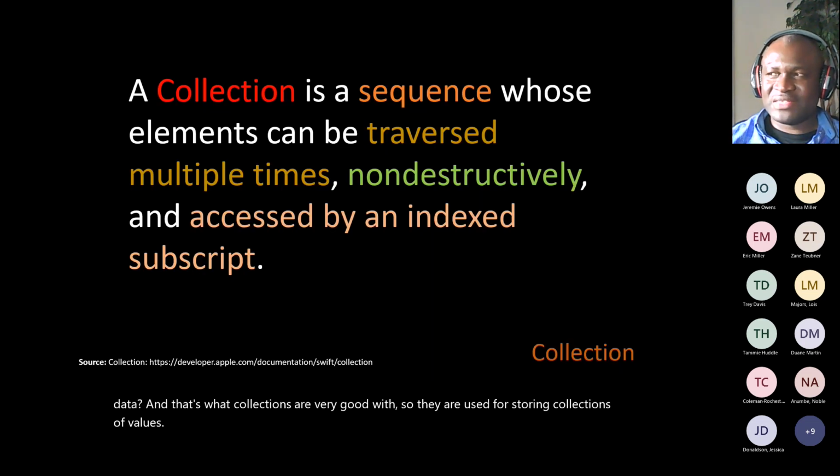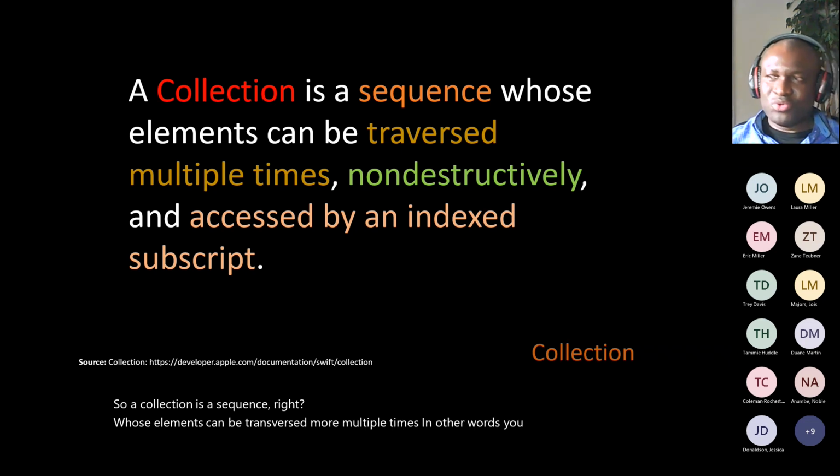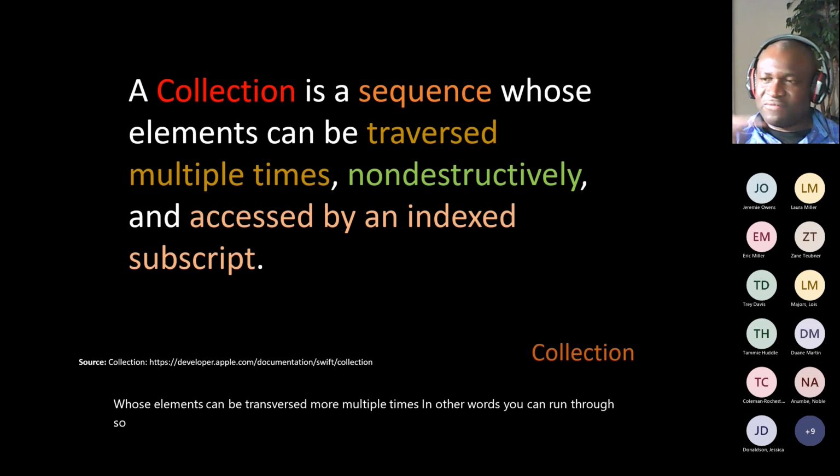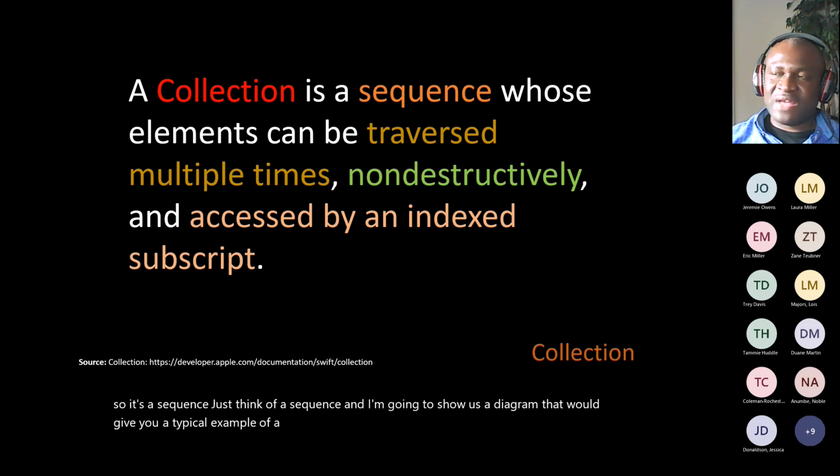So a collection is a sequence, right, whose elements can be traversed multiple times. In other words, you can run through it. Just think of a sequence. I'm going to show a diagram that would give you a typical example of a sequence whose elements can be traversed.